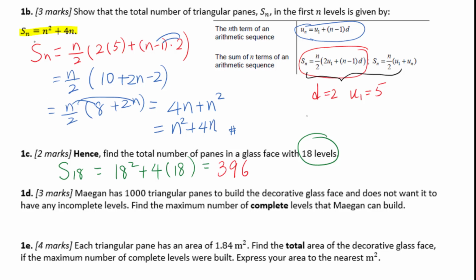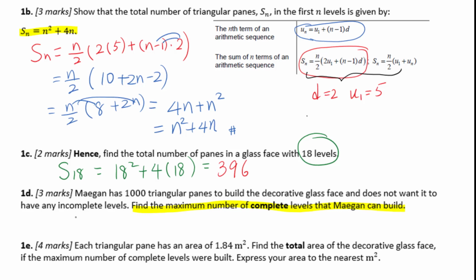For 1D, Megan has 1,000 triangular panes to build the decorative glass vase and doesn't want it to have any incomplete levels. Find the maximum number of complete levels that Megan can build.